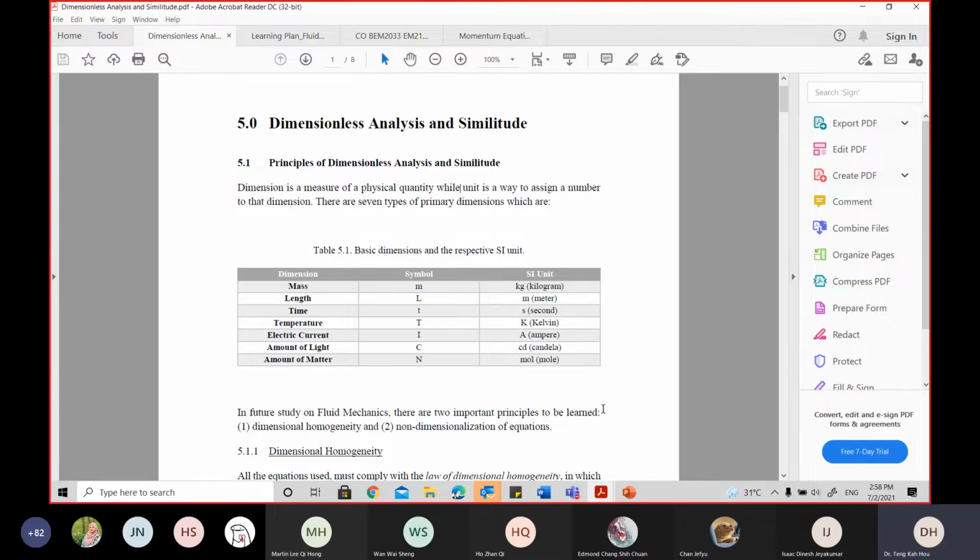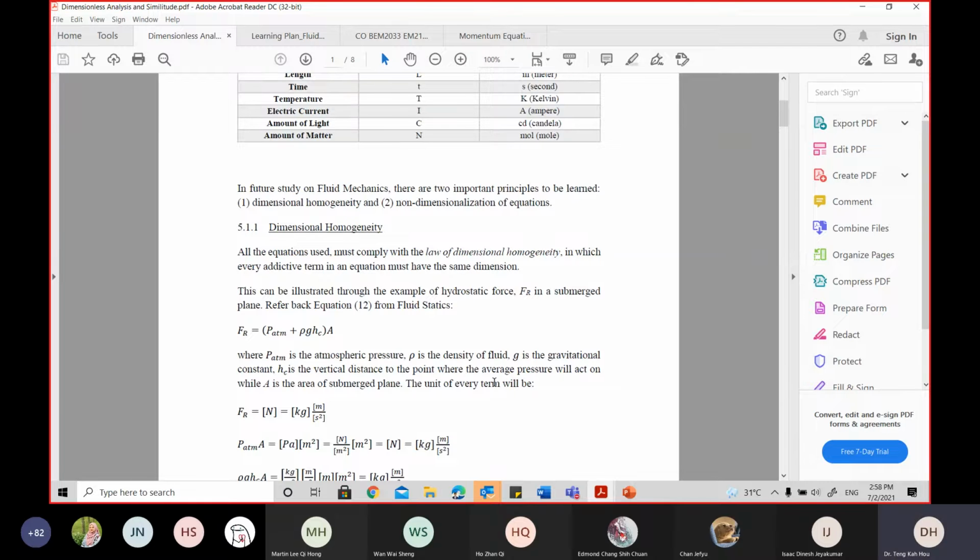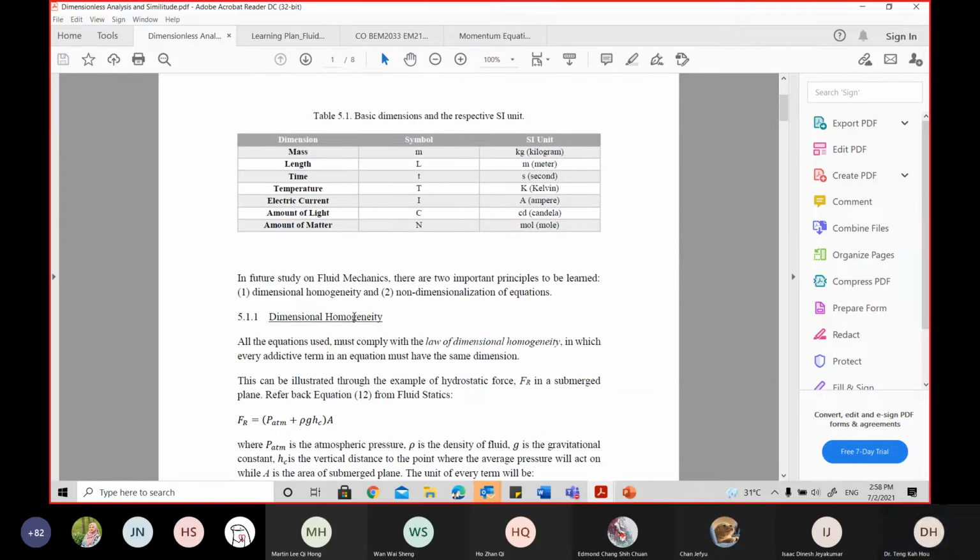Okay, so further on that, when we talk about dimensional homogeneity, that means you need to comply with the equilibrium, just like the mass balance of a level. Fr equals this: Fr equals P_atm plus rho g h_c times A, which means that each of these stand-alone terms should have equivalent units.